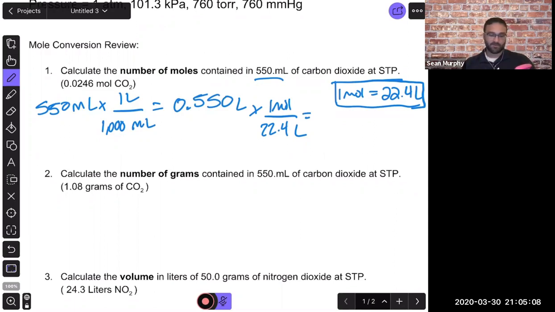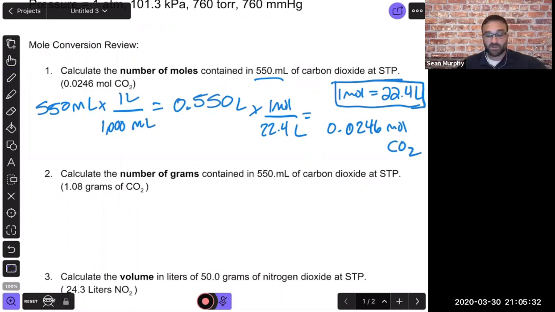We have 0.55 divided by 22.4, and you should get exactly what we have right here: 0.0246 moles of carbon dioxide.